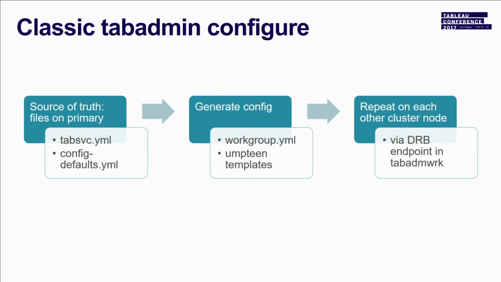And then you generate config by running tabadmin or tabconfig. And there's the templating process, and if you've ever looked at workgroup YAML, physical server properties, all those files get generated. And then we repeat this on every node in the cluster via the distributed Ruby endpoint, DRB, and the tabadmin worker process, which is running on every machine in the cluster.